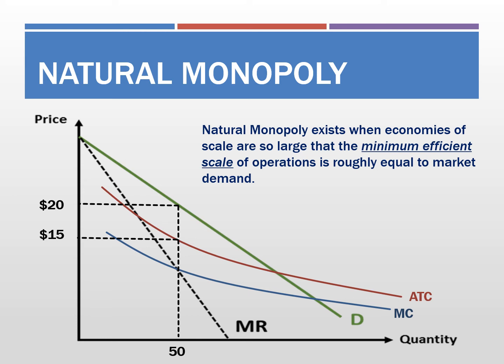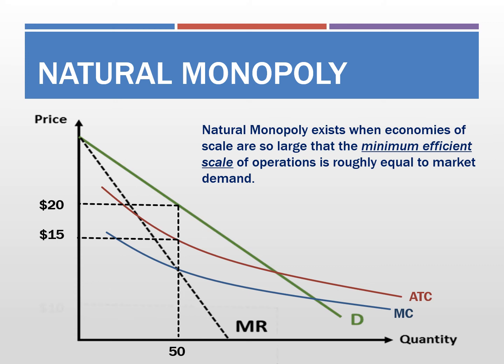In the natural monopoly case, we see a product that takes a very large long-run average total cost to get to a lower point, where the firm might not have any advantage to expand. So the monopoly firm might only be interested in producing 50 units in order to charge a price of $20 and earn some level of profit.